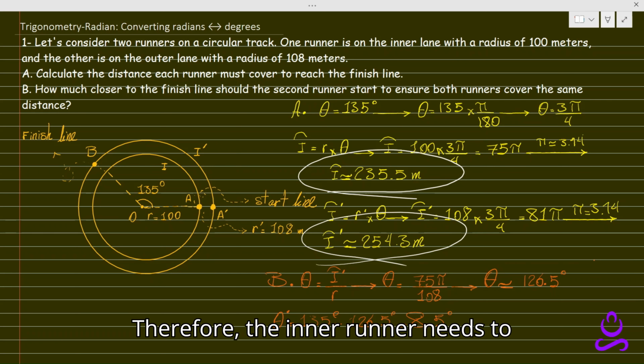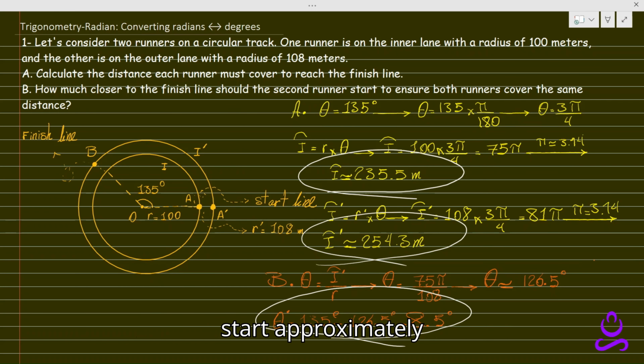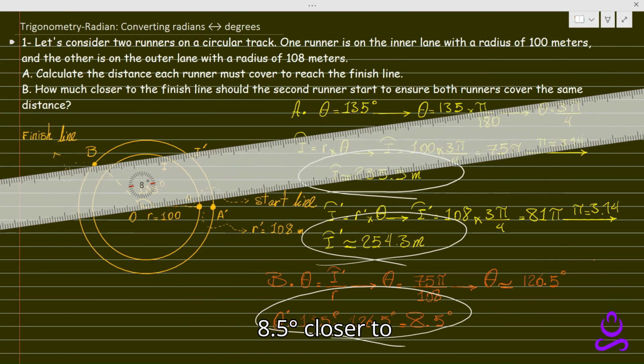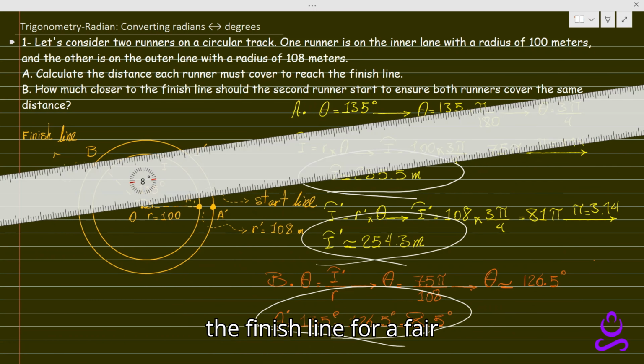Therefore, the inner runner needs to start approximately 8.5 degrees closer to the finish line for a fair race.